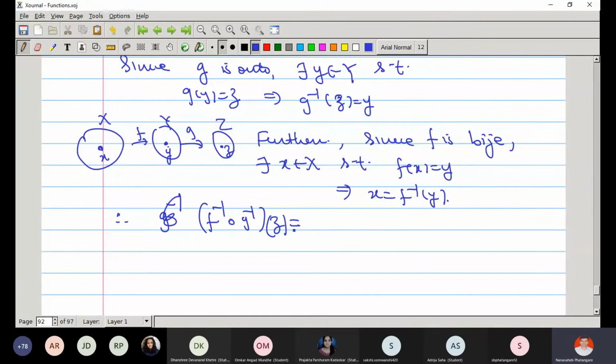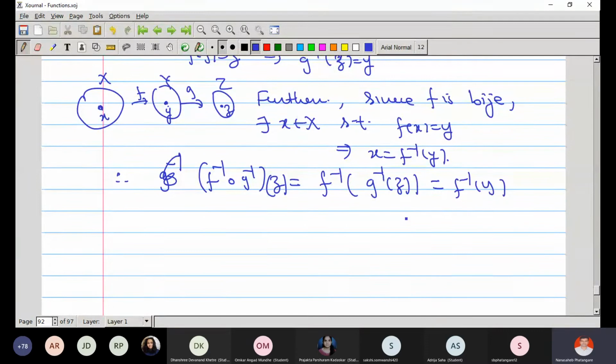We started with this Z. F inverse of G inverse of Z is F inverse of Y, since G inverse of Z is Y. These are very specific elements, because we selected a particular element Z, for that we found Y, and for that Y we found some X. But F inverse of Y is X. That means F inverse composite G inverse of Z is X.